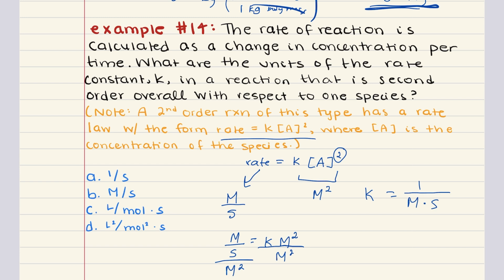So let's replace that term with moles per liter. And don't forget, this is multiplied by seconds. We can re-express this as liters divided by mole times second. And this matches answer choice C. So the correct answer for problem 14 is answer choice C.